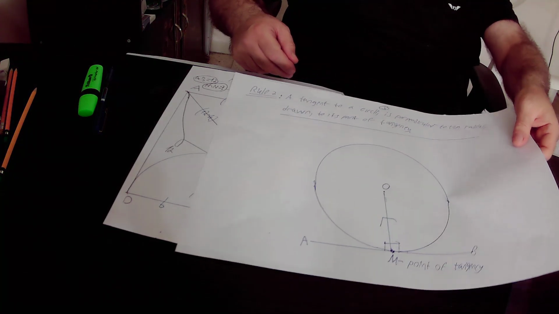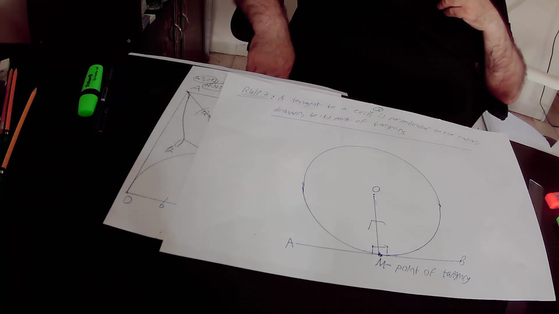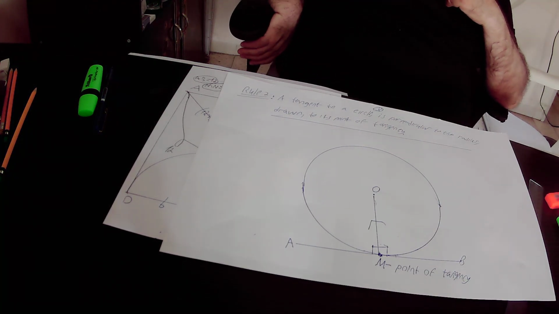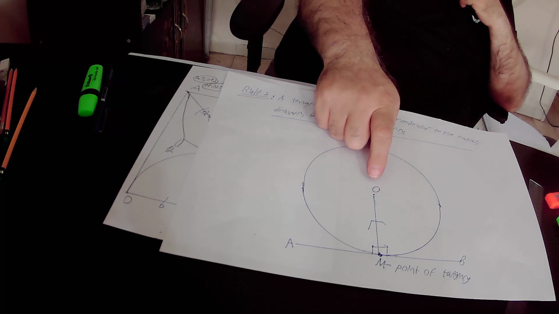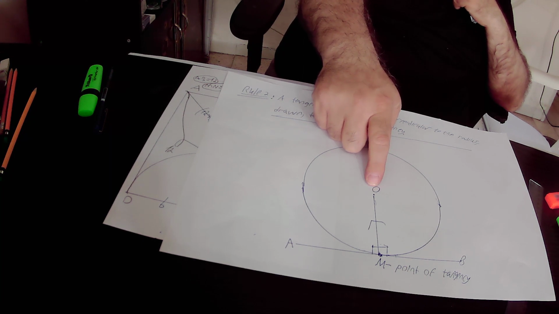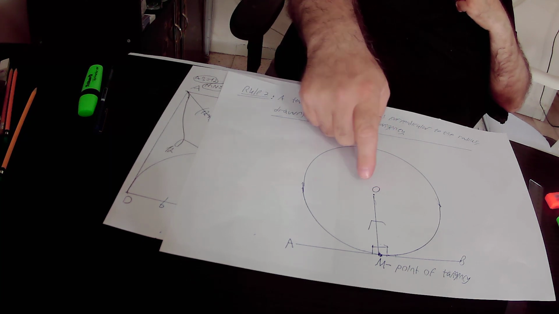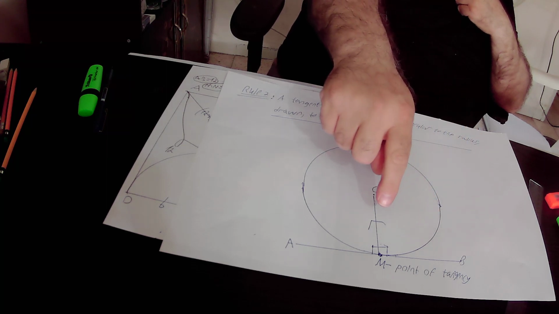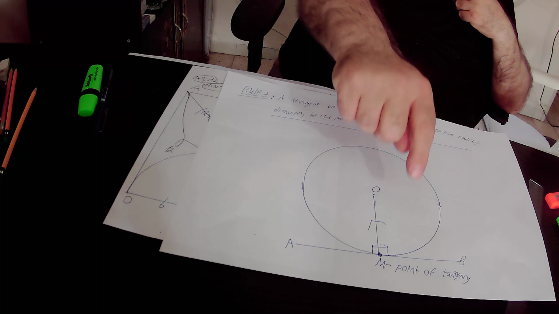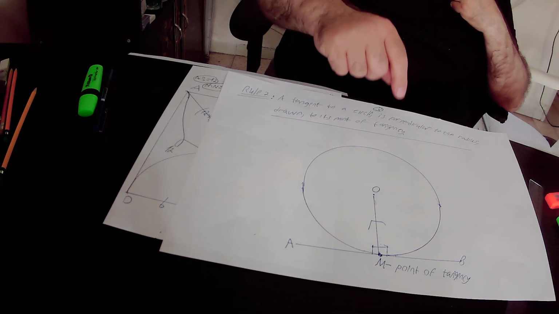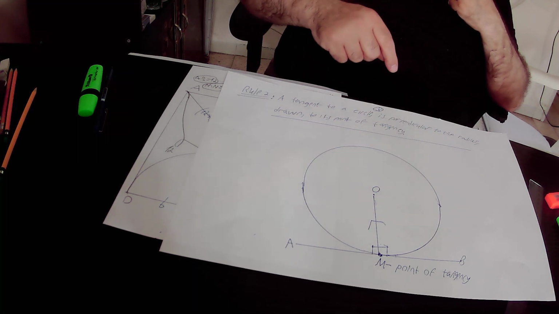Then I presented to you rule number 2. According to rule number 2, a tangent to a circle is perpendicular to the radius drawn to its point of tangency. So what is the meaning of rule number 2? If we have this circle, the center of this circle is at point O, and we have also tangent AB that is tangent to this circle at point M. Point M is the point of tangency of tangent AB with this circle, and we have the radius OM.